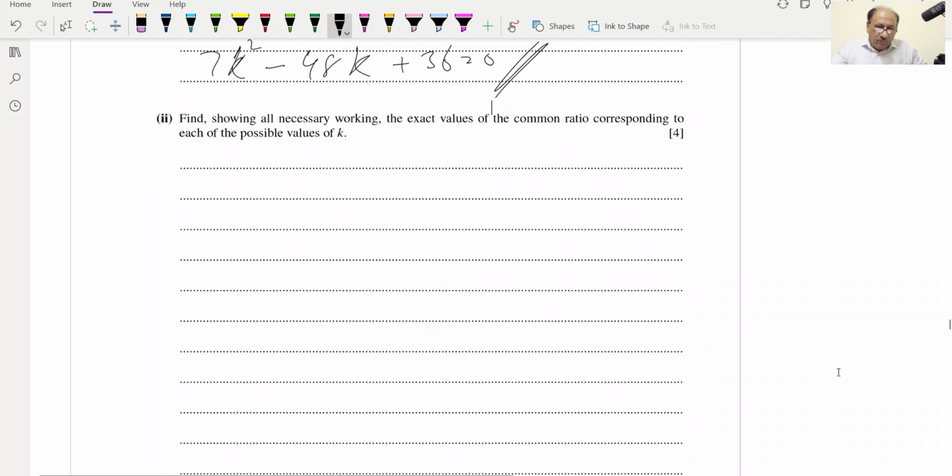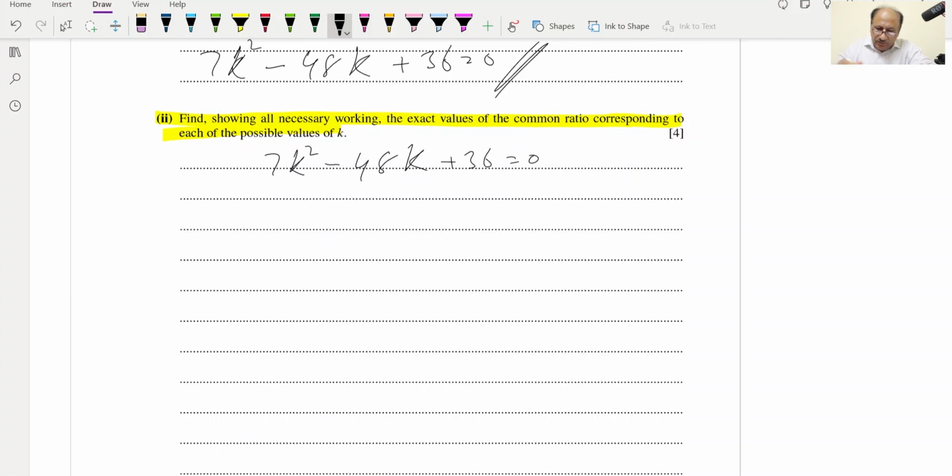Now for the second part, they say: showing all necessary working, find the exact value of the common ratio corresponding to each of the possible values of k. So the equation we found in the previous part is 7k squared minus 48k plus 36 equal to 0.